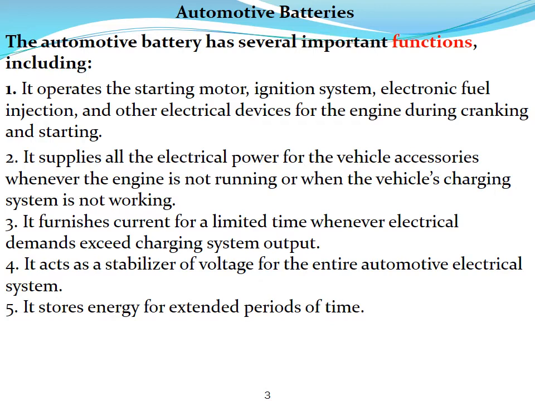Third, it furnishes current for a limited time whenever electrical demands exceed charging system output. Fourth, it acts as a stabilizer of voltage for the entire automotive electrical system. And finally, it stores energy for an extended period of time.